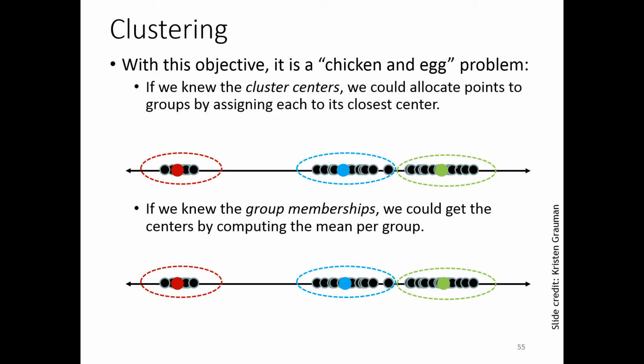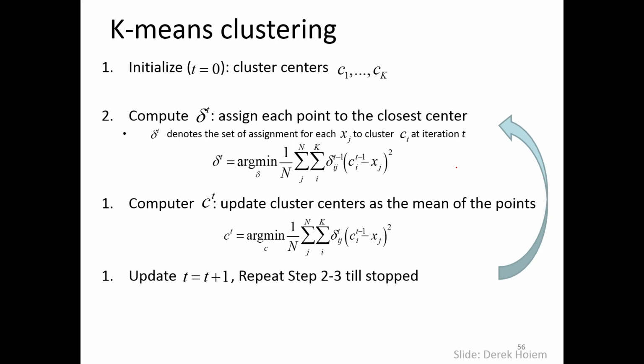Within the clusters, you compute the centroid again, update the cluster center, and so on and so forth. So this is the K-means algorithm, and this is just the equation to explain that. This part finds the membership: I find the closest center, and then this computes the new center. And then I just iterate.